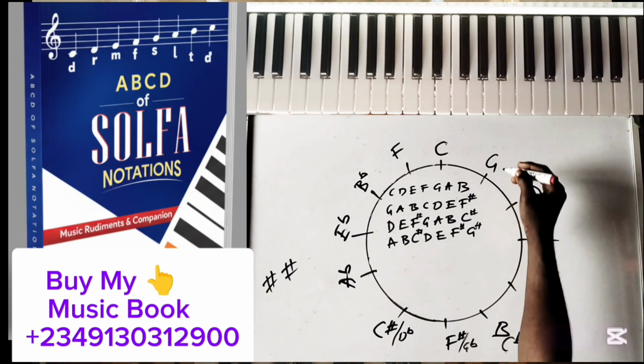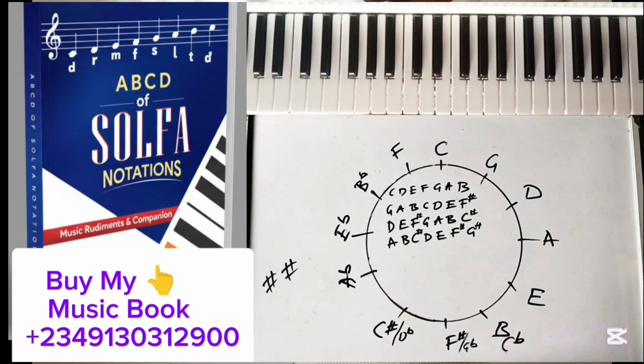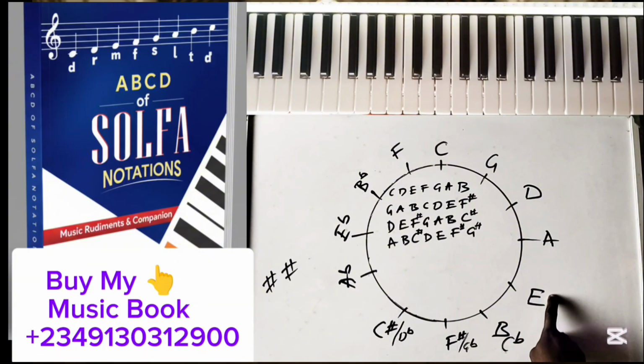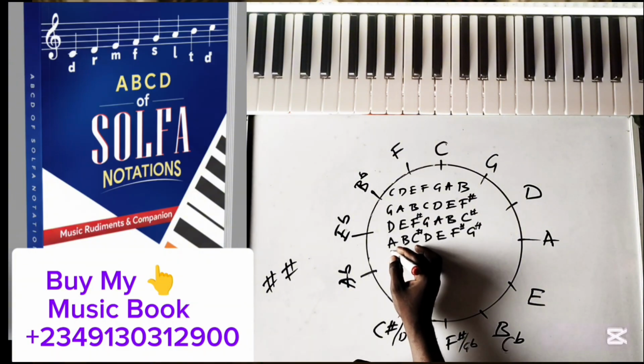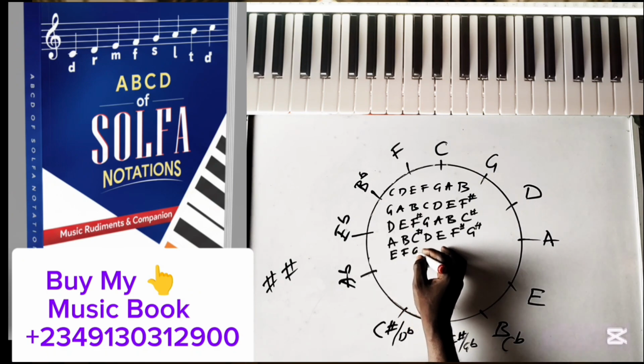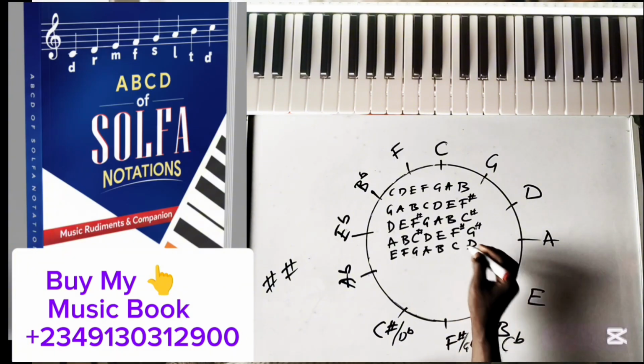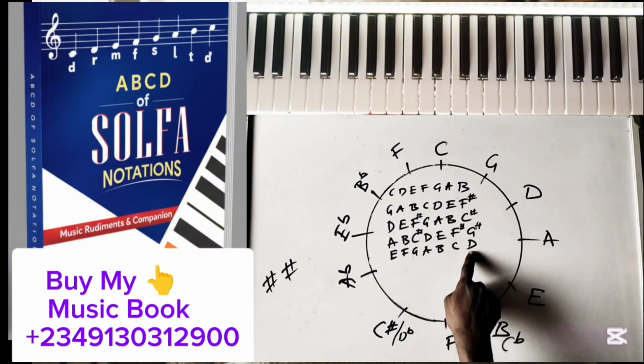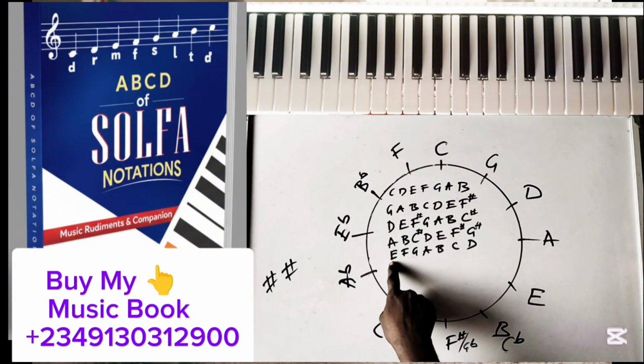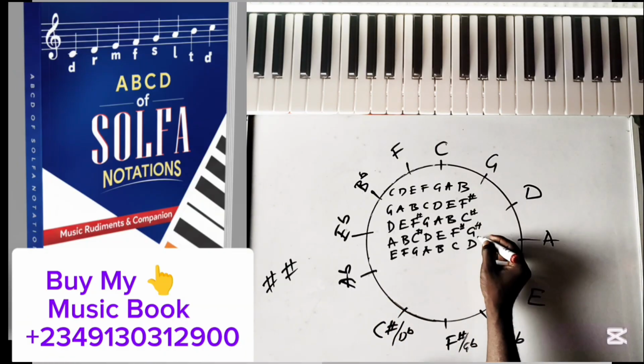So let's continue. The next key is key E. Follow the same method: E, F, G, A, B, C, D. The seventh note of this scale is D, so D is sharpened.